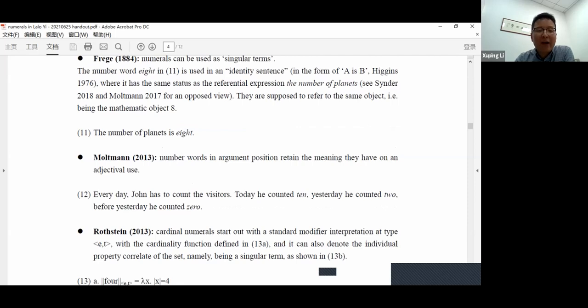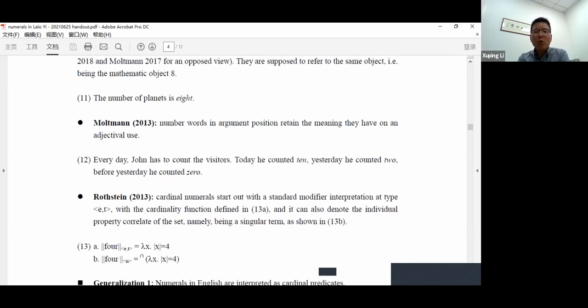However, Moltmann argues that number words in argument position may actually retain their adjectival meaning. Every day John has to count the visitors, and today he counted 10, yesterday he counted 2, the day before yesterday he counted 0. Here 10, 2, and 0 serve as the object of the intentional count, okay? And she believes those numerals should be taken as adjectives.